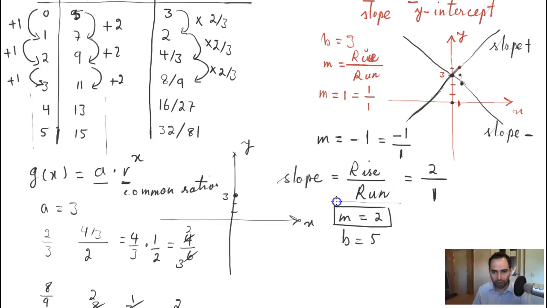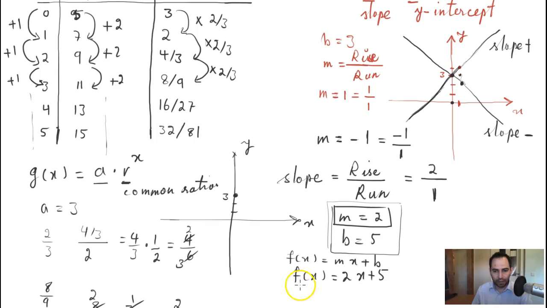Based on these two pieces of information, I can write an equation for this function, which is f of x equals mx plus b, and it becomes f of x equals 2x plus 5.